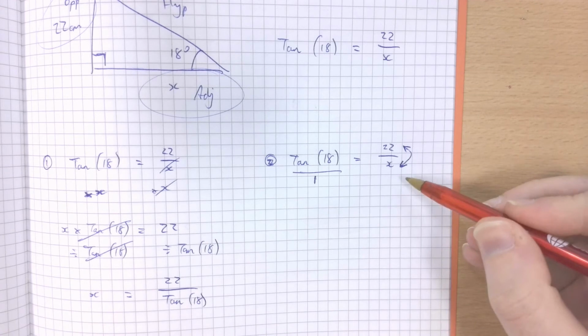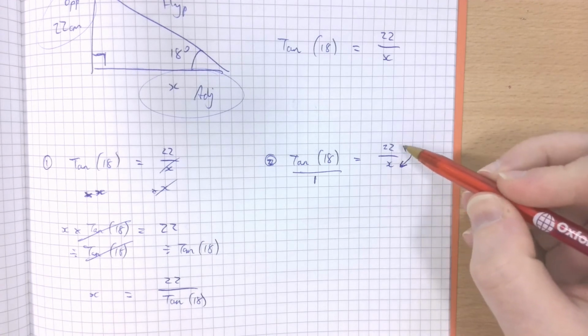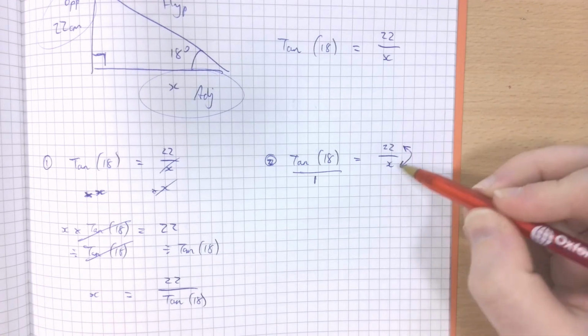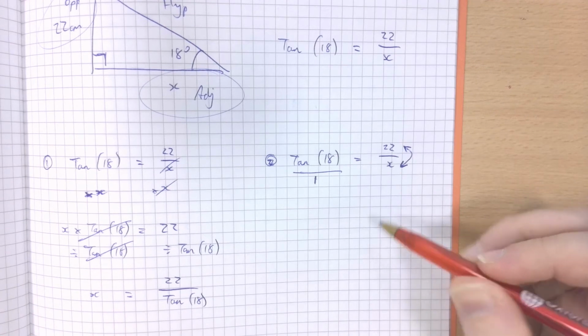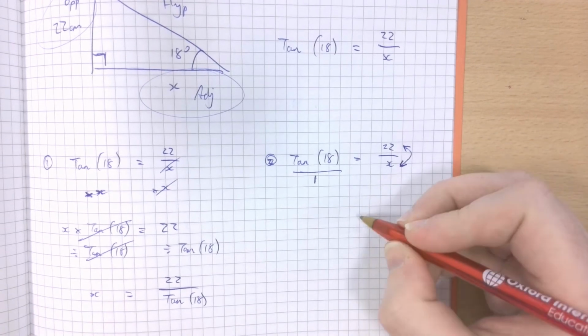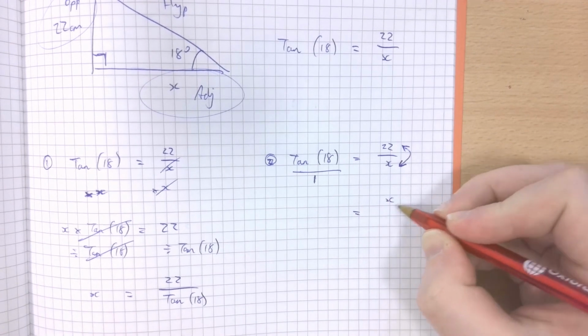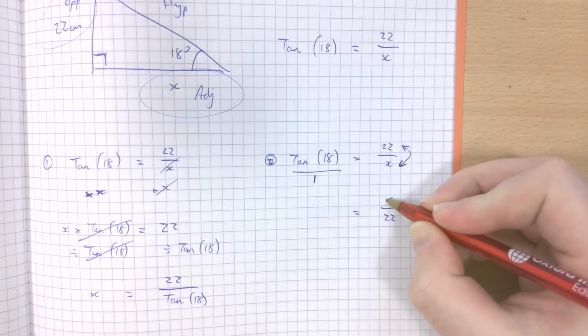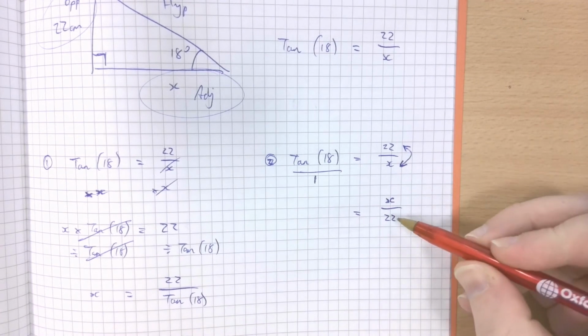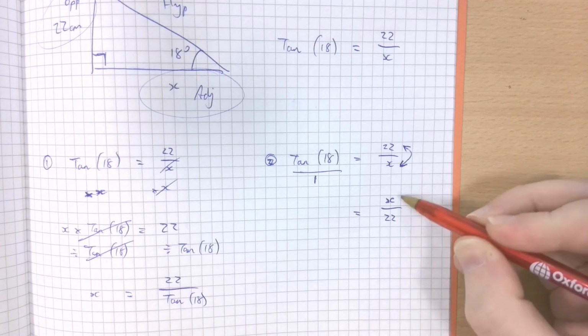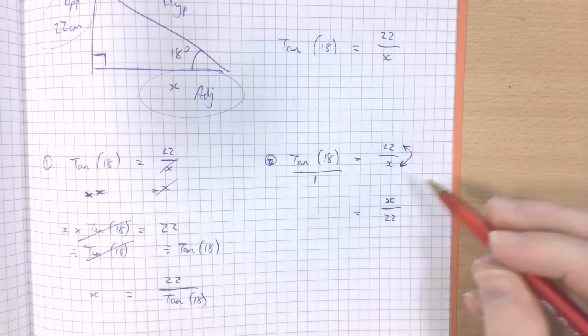Yeah, replacing the denominator with the numerator and the numerator with the denominator. Okay, swapping them around. That will obviously make x over 22, which is useful in this context because suddenly my unknown is now on the top, so I can times both sides by 22 after this.